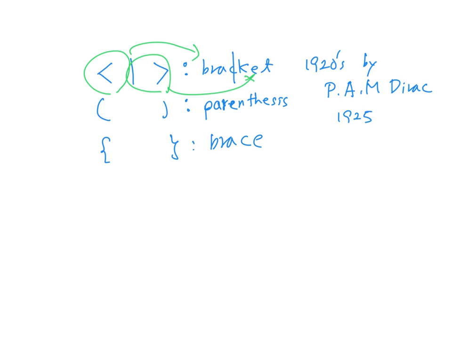And so the inner product actually gives you a scalar. But there is another product called the outer product.